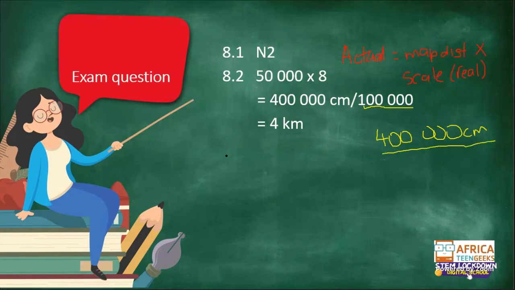Just remember, we don't really have a conversion between centimeters and kilometers, but you know that 1 meter is equal to 100 centimeters, and 1 kilometer is equal to 1,000 meters.